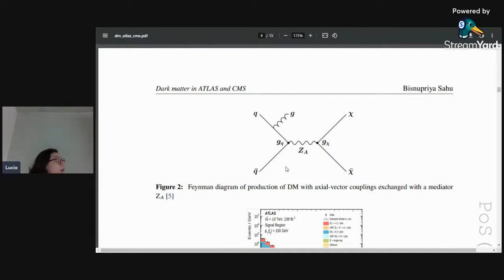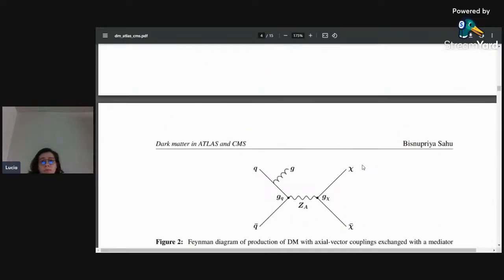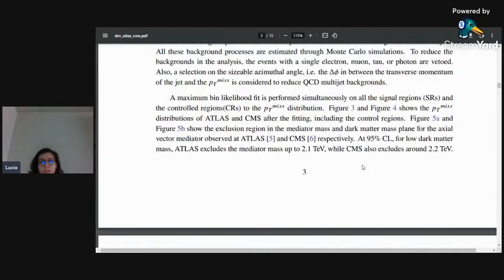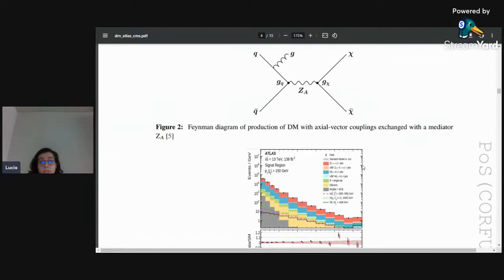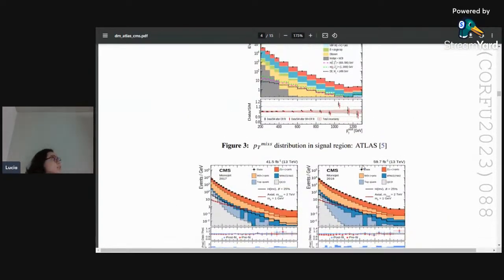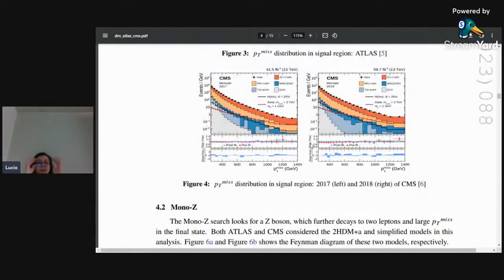Then you have an additional Z boson that has an axial vector coupling that is not the Z from the standard model, and some dark matter fermions. It's a simple model, and from this they produce basically these plots.